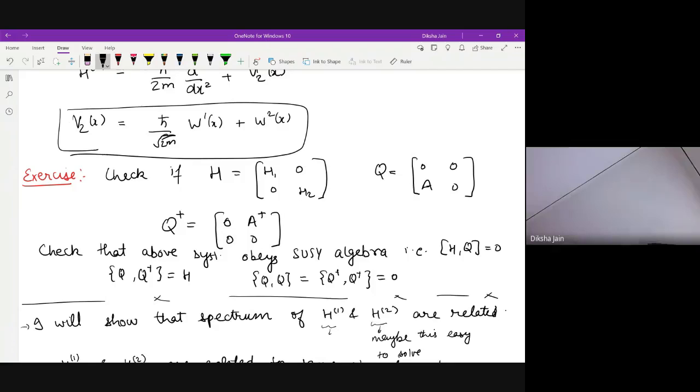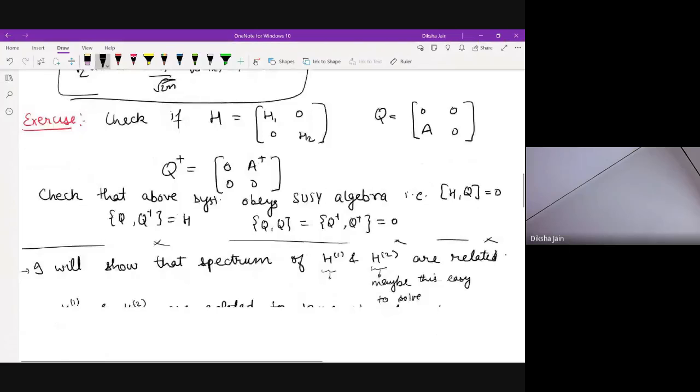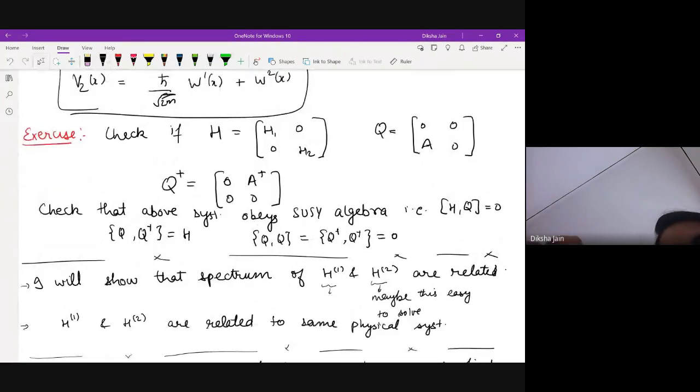Relating the eigenfunctions of H1 and H2 is equivalent to what I was saying yesterday, that you relate the bosonic wave functions to the fermionic ones. Corresponding to every bosonic wave function, you have the corresponding fermionic wave function at the same energy. Sorry, I'm using a bad notation here, H1 and H2.